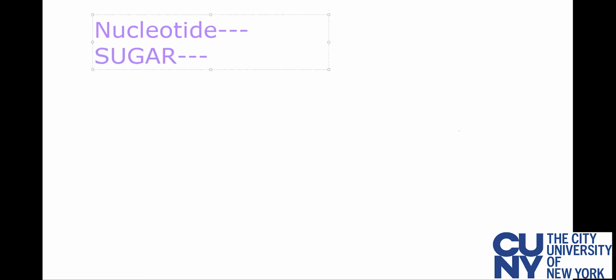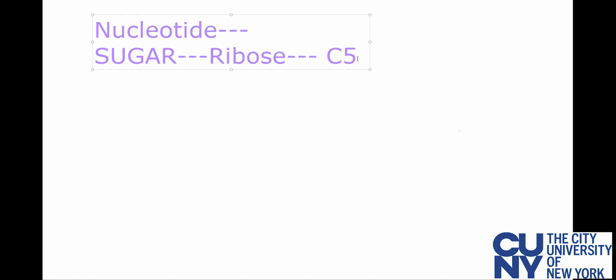What sugar? This sugar is ribose. How many carbon atoms are in ribose? Carbon atoms are 5. In glucose, there are 6 carbon atoms in a glucose molecule. In a ribose molecule, there are 5 carbon atoms.